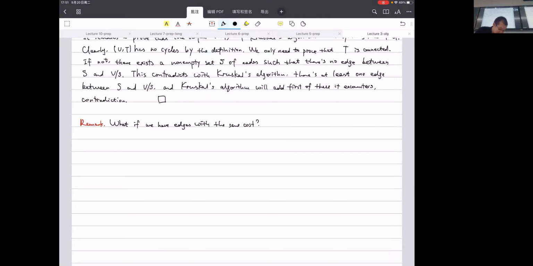So there are different strategies. One strategy is to perturb all edge costs by different but extremely small numbers, so that they become distinct. That addresses your question of what if they have equal weight.